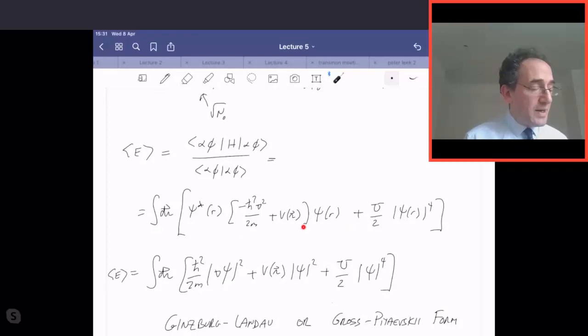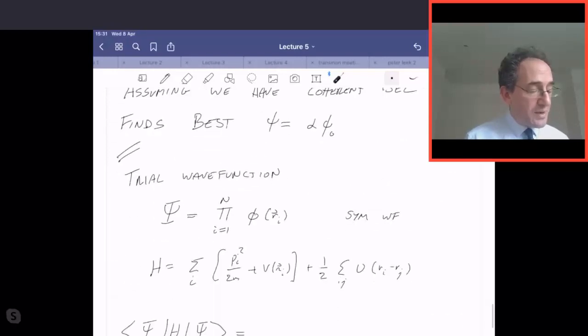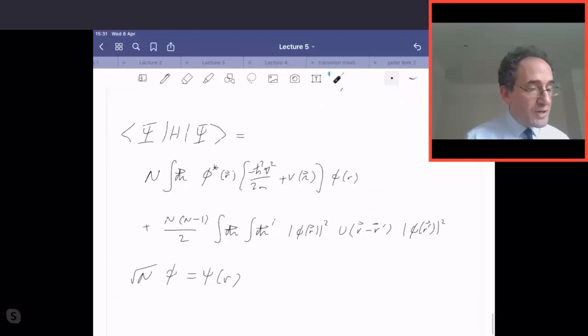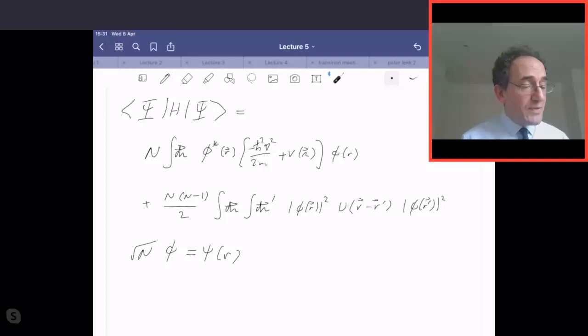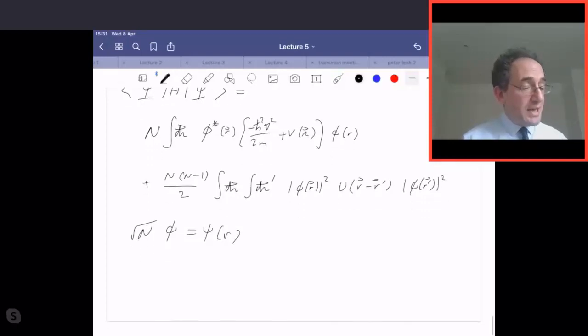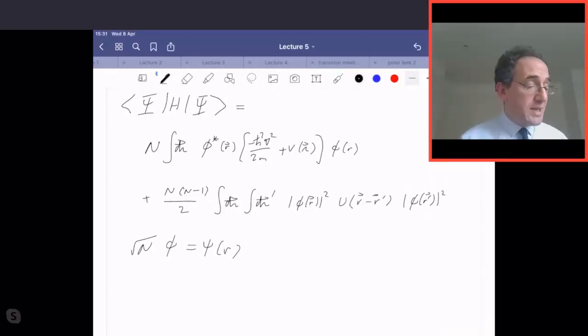Okay, except for the minus 1. And since we're considering N being large, we can usually throw away minus 1s. So either approach will give you the same energy, and if we functionally differentiate this expression with respect to the wave function phi, we'll get the same Ginzburg-Landau form that we had before.